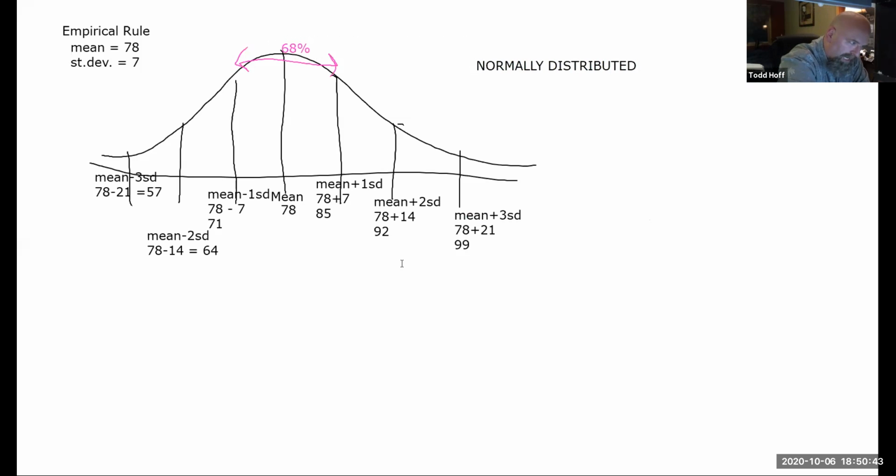And within 2 standard deviations of the mean, we expect to have 95% of the data. And within 3 standard deviations of the mean, we expect to have 99.7% of the data.